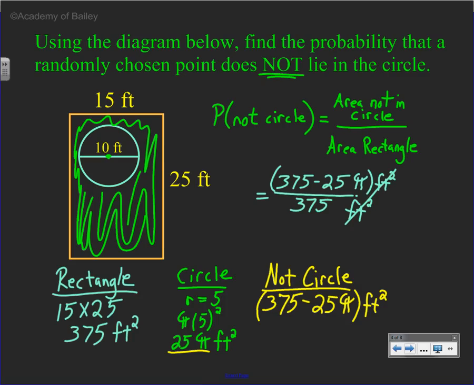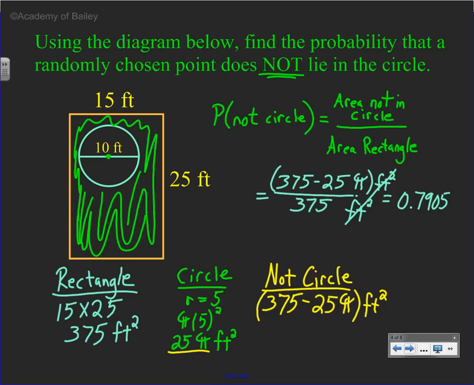And let's go ahead and do that calculation. 375 minus 25 pi is approximately 296.46, and then I'm going to divide that by 375, and that is 0.7905.